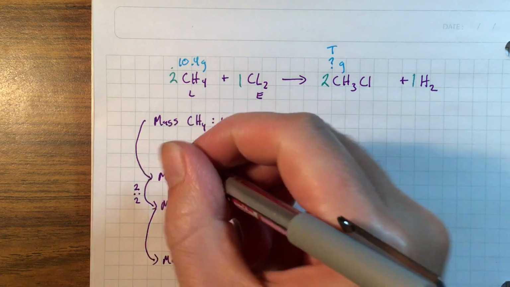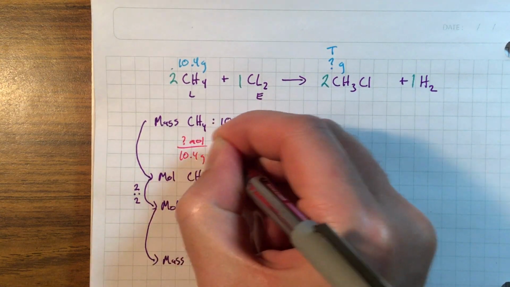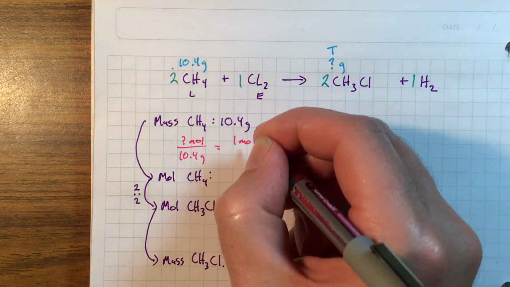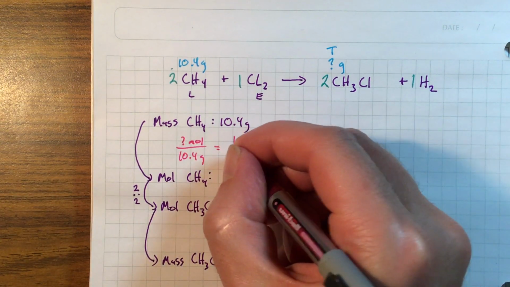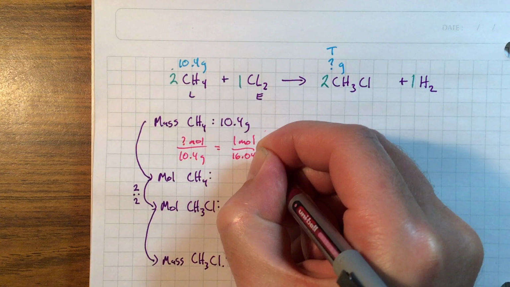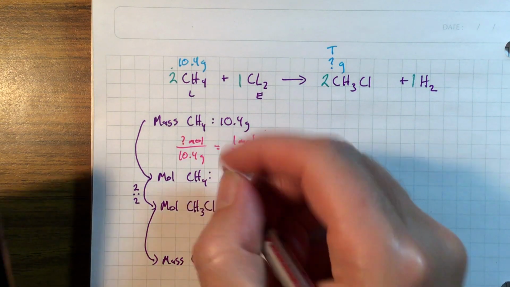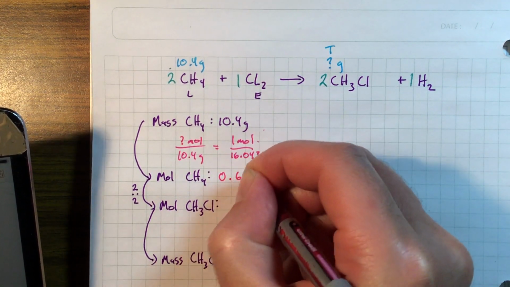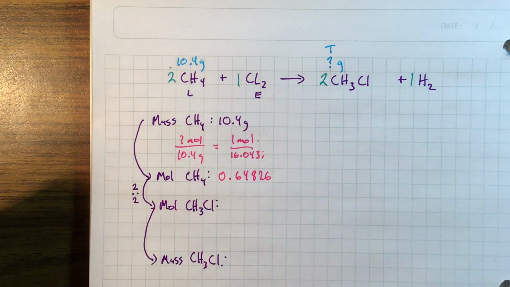Then we're going to go to our mass of CH3Cl. Good, so first step. How many moles are there in 10.4 grams if 1 mole of CH4 has 16.043 grams? So I do 10.4 divided by 16.043. 0.64826, 5 sig figs, right? 2 extras on that.